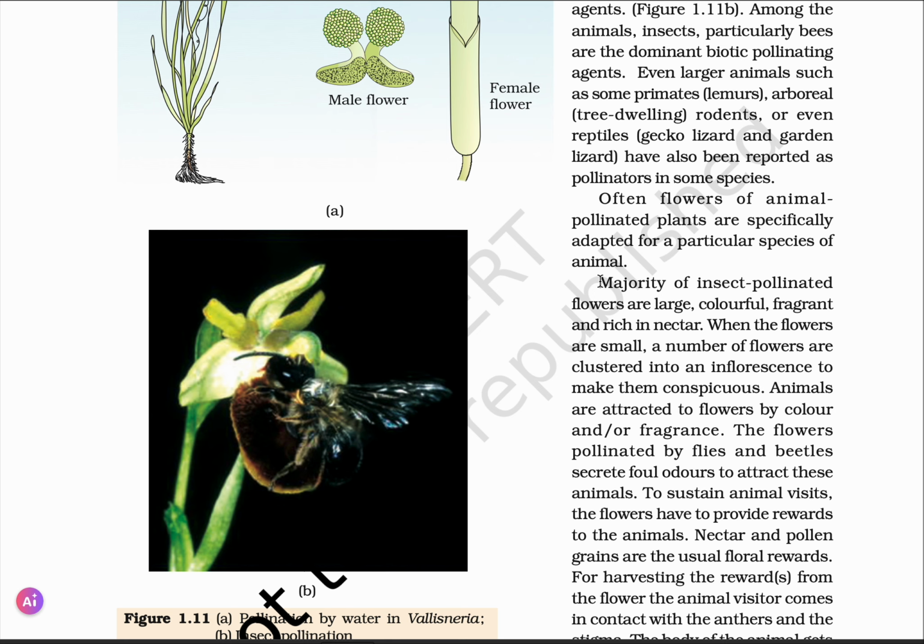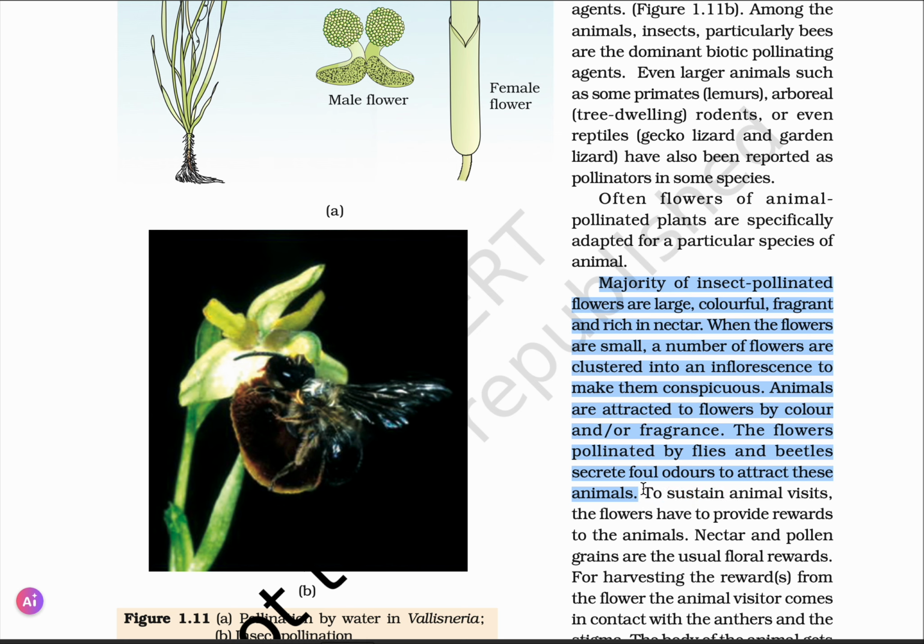The majority of insect pollinated flowers are large, colorful, fragrant, and rich in nectar. Whilst when the flowers are small, a number of flowers are clustered into an inflorescence to make them conspicuous, and animals are attracted to this by fragrance or colors. The flowers pollinated by flies and beetles secrete foul odors to attract these animals.